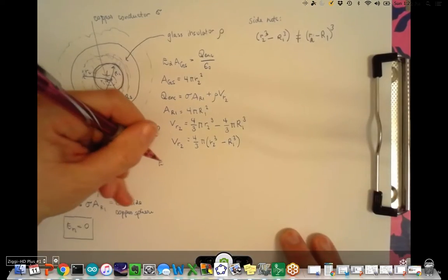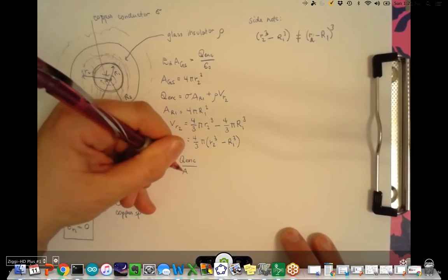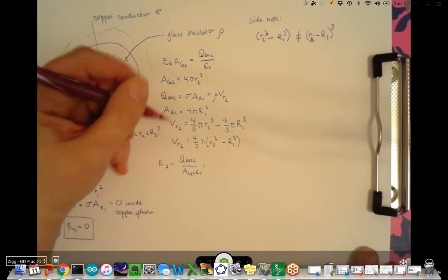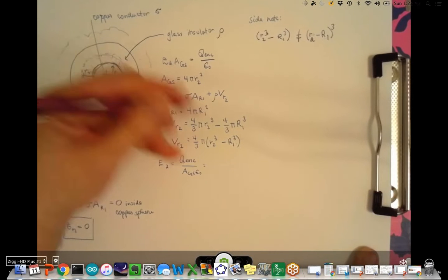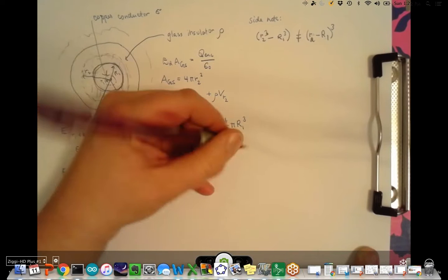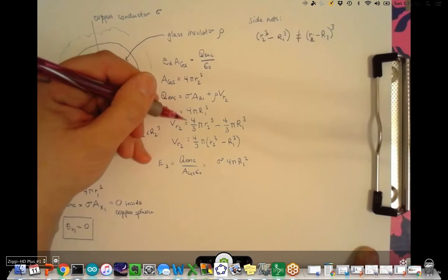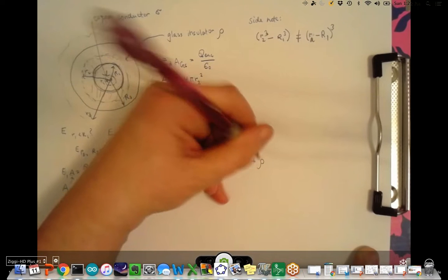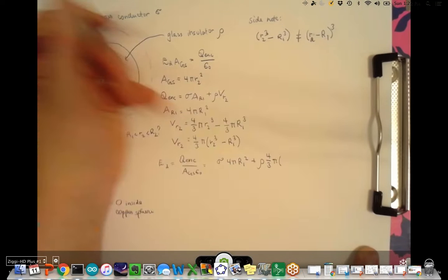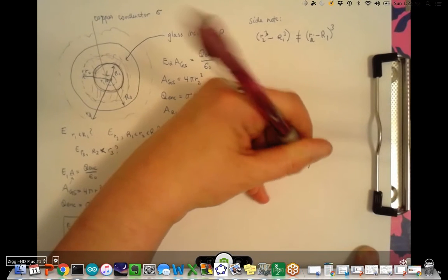All right, so E2 is going to be equal to Q enclosed over the Gaussian surface area times epsilon naught. So our Q enclosed is going to be sigma times the area out to R1, which is 4 pi R1 squared. And then we're going to add to it the volume charge, rho times 4/3 pi times R2 cubed minus R1 cubed.